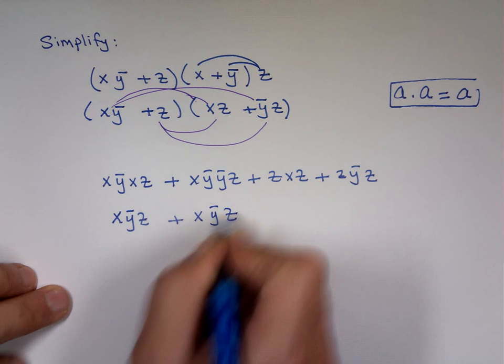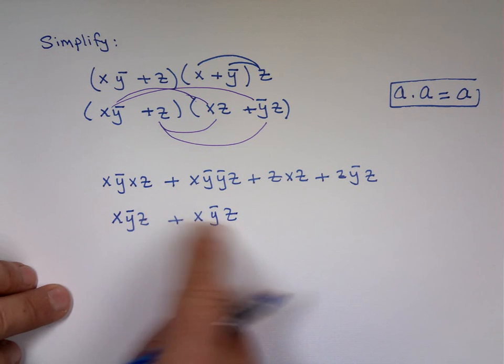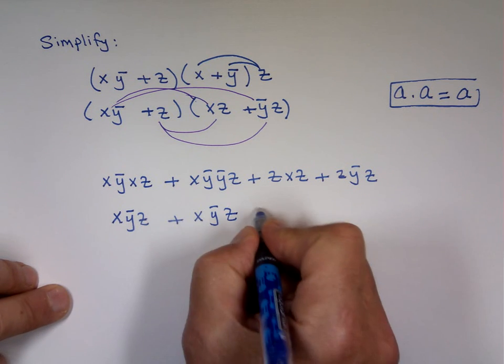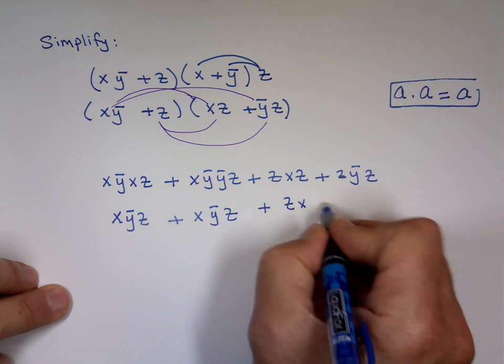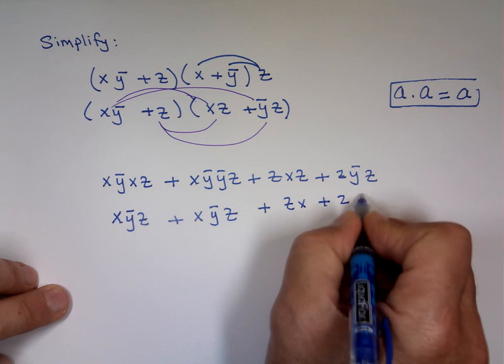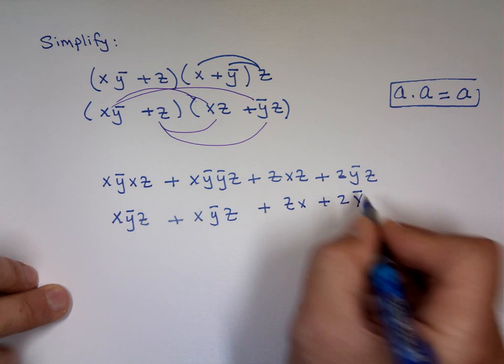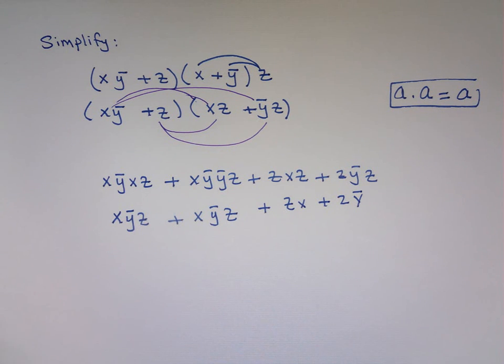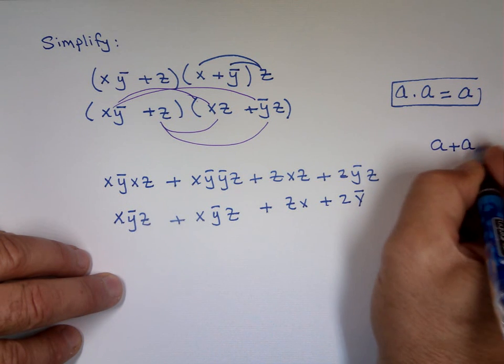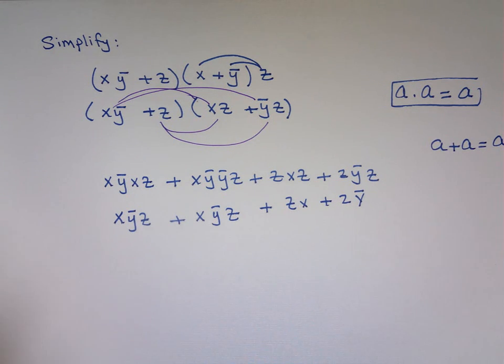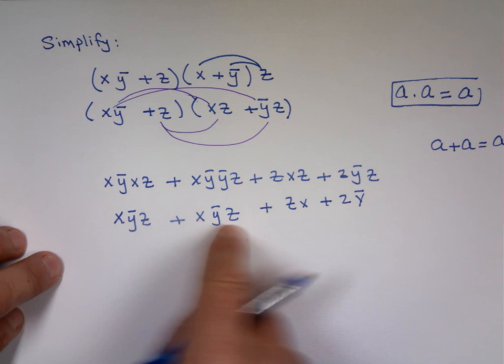Oh, what do you know? Look at these two. Are they the same thing? This is zx, and this is zy bar, yep. We also have another rule that says if you're adding two of the same thing, the result is a. That means I don't need both of these.